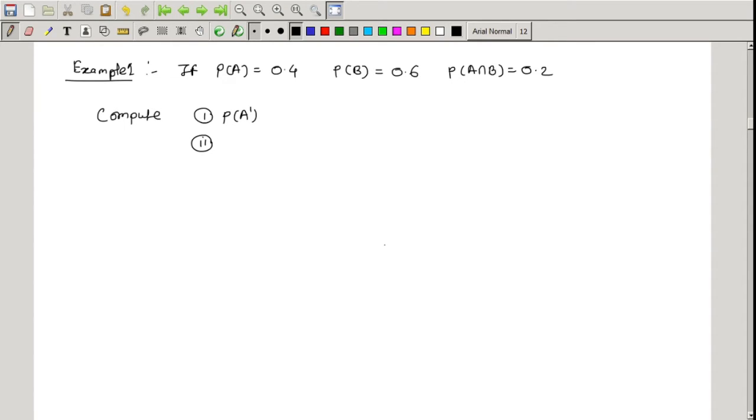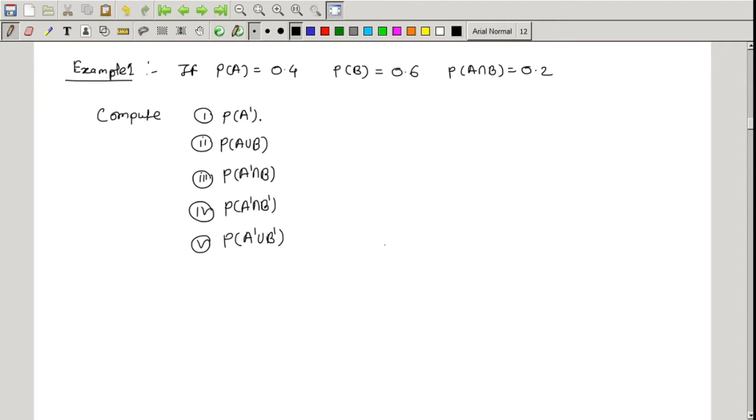Number 2, P of A union B. Number 3, P of A dash intersection B. Number 4, P of A dash intersection B dash. And number 5, P of A dash union B dash.